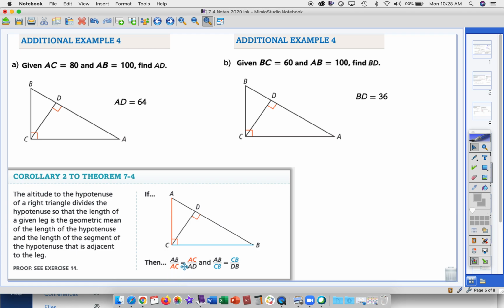So what they're saying here is that AC is the geometric mean of the hypotenuse AB and the segment of the hypotenuse that's adjacent to the leg, meaning AC. So CB is the geometric mean of AB, the hypotenuse, and DB, the adjacent segment of the hypotenuse to this leg, CB.